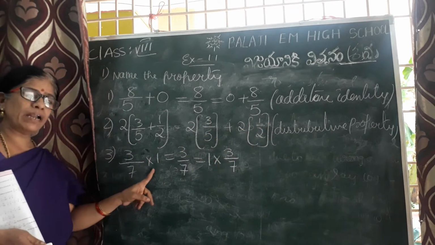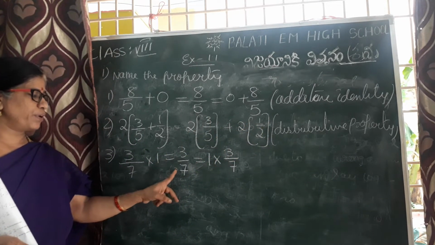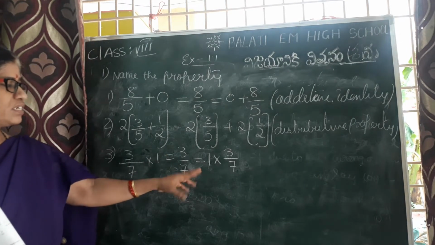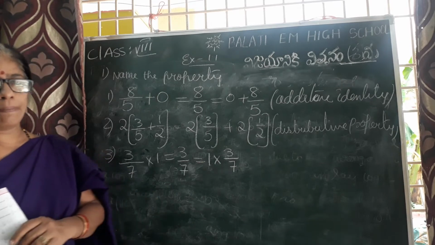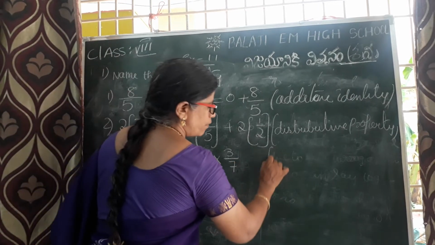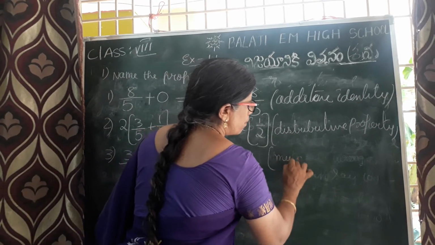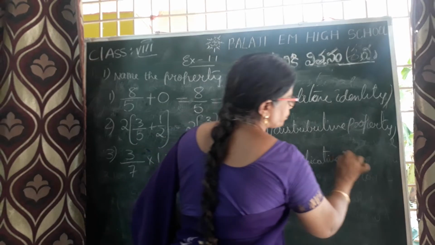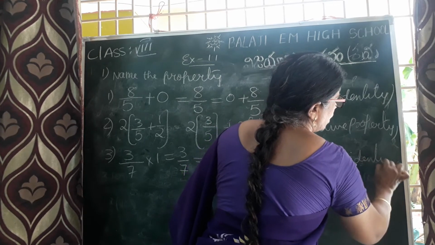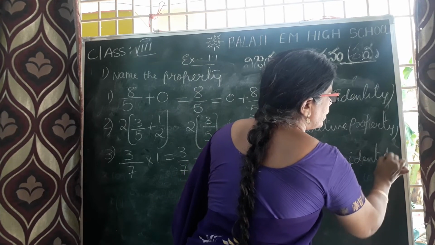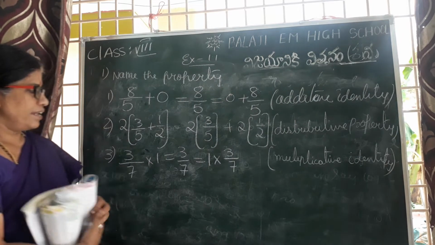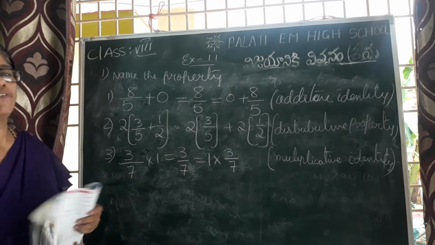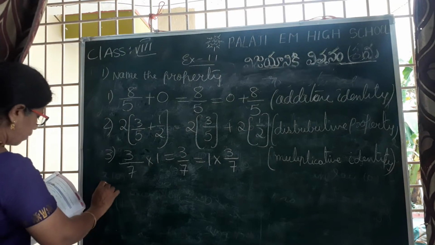Here when we multiply with 1, we get the same number. 3 by 7 into 1 will give you 3 by 7, which in turn is equal to 1 into 3 by 7. Let us call this property multiplicative identity.